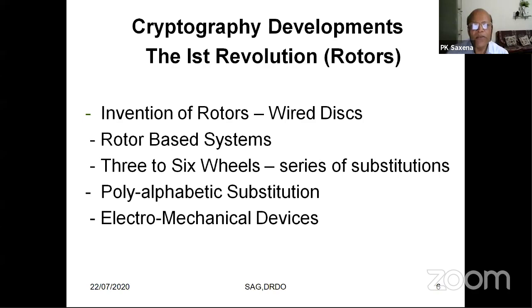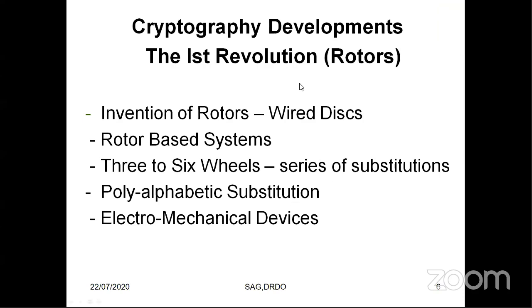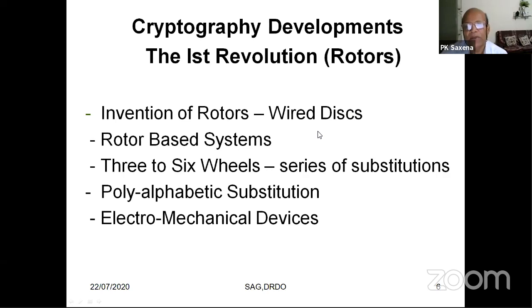So rotors were actually wired disks. A disk where there were 26 points, and all 26 points were representing the 26 alphabets, A, B, C, D up to Z. And they were so wired that with the press of a button, these rotors were rotating, controlled by some key.